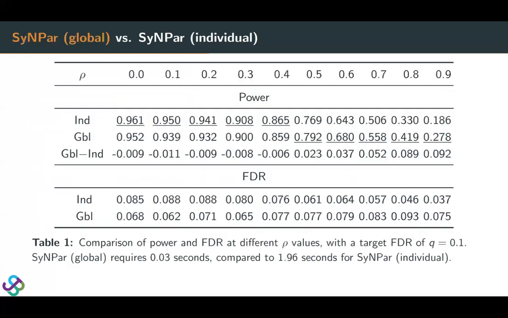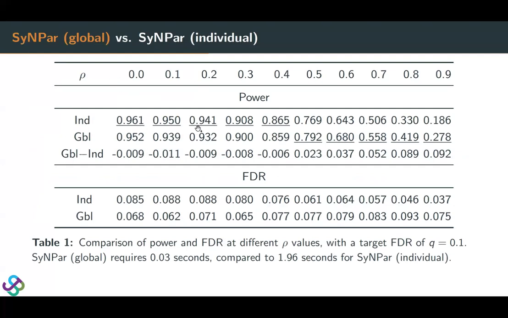We first compare our global null approach to the individual null approach, but I will specify what we did for global null later in detail. For global null, we need to do some modification, which will be specified later.